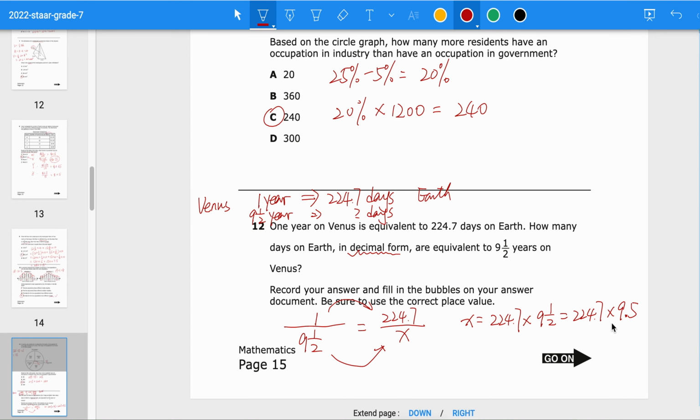So now you do the calculation, 224.7 multiply 9.5, you can get 2,134.65 days. This is how many days we will have on Earth, equivalent to 9.5 years on Venus.